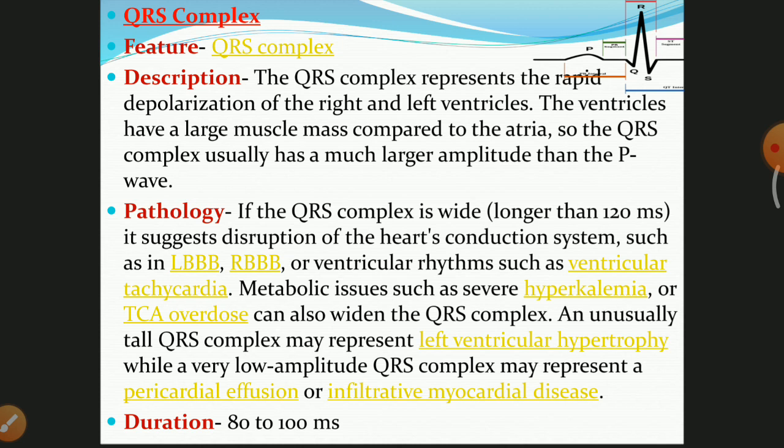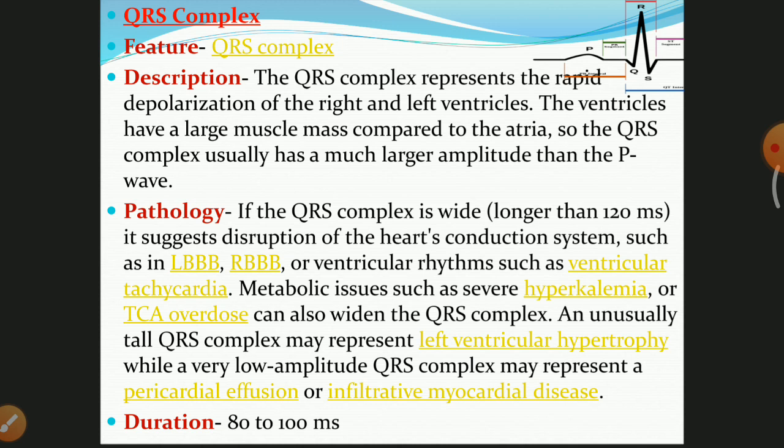An unusually tall QRS complex may represent left ventricular hypertrophy, where the wall of the left ventricle thickens, while a very low amplitude QRS complex may represent pericardial effusion, excess fluid in the pericardium, or infiltrative myocardial disease, damage to the cardiac muscle.